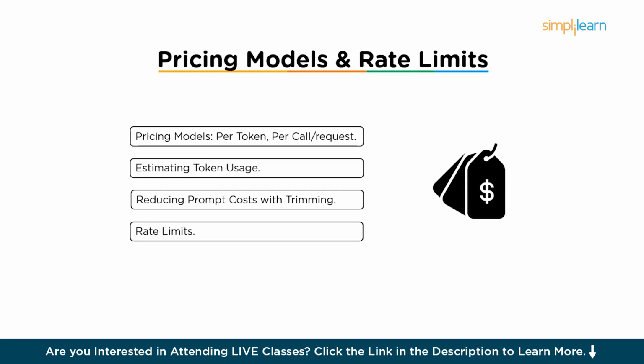You must design your chatbot's backend to respect these limits, potentially by implementing retry logic with exponential backoff or by queuing requests during high traffic to avoid hitting the ceiling. By actively managing your pricing models, optimizing token usage, and respecting rate limits, you can ensure your chatbot operates efficiently and cost-effectively at scale.